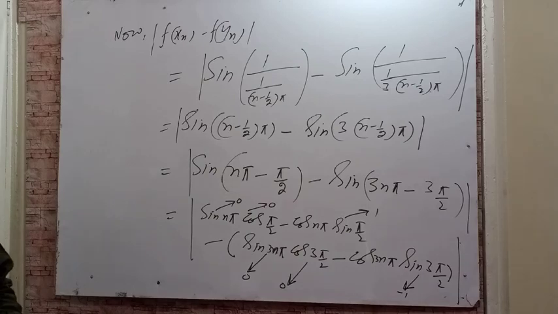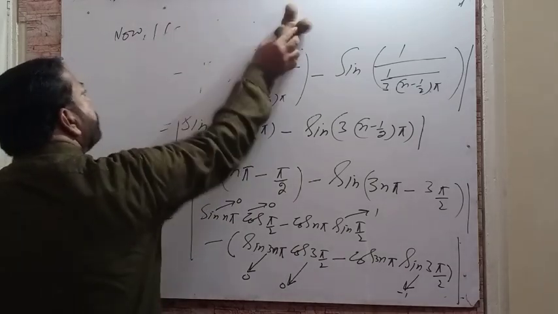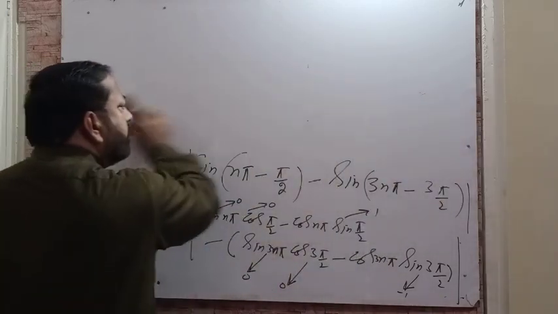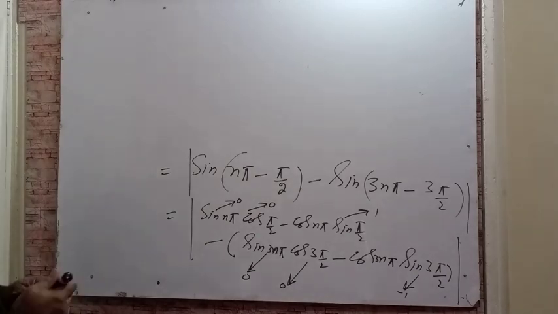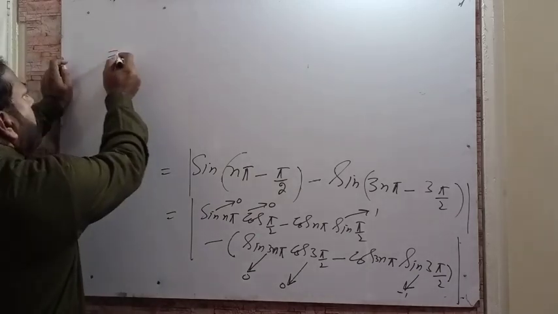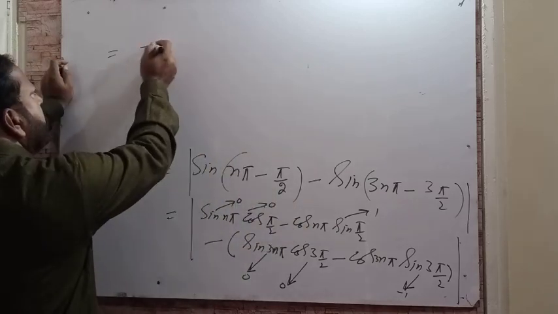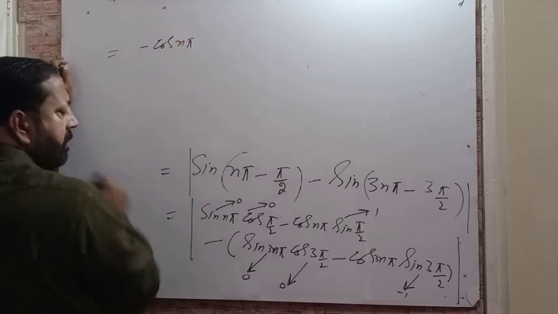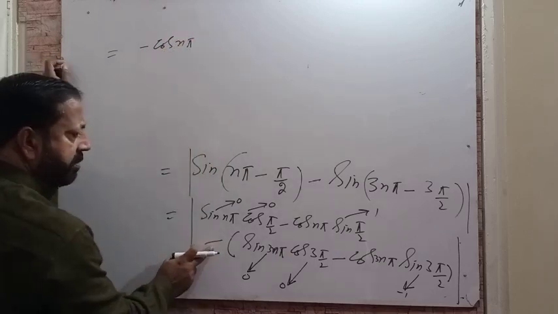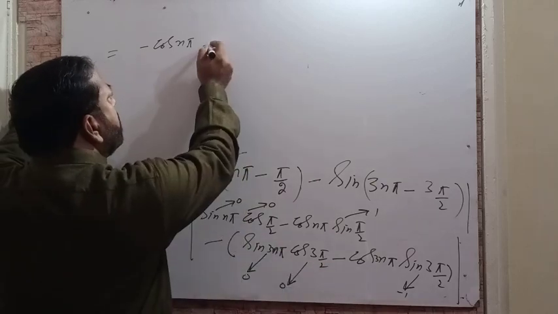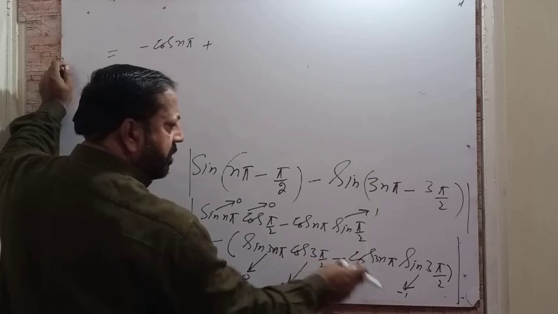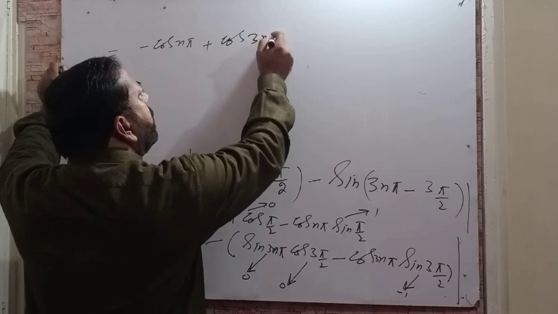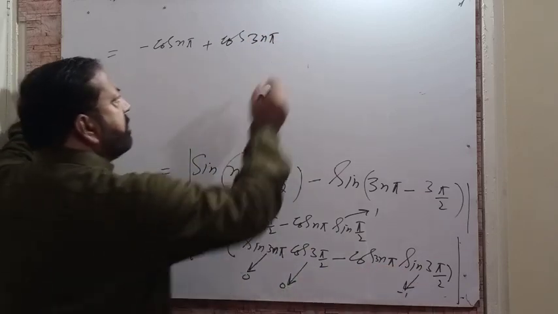So now substituting our values, this is equal to minus cos nπ, and then minus, and minus, this is plus, and cos 3nπ into sin 3π/2, which is minus 1.